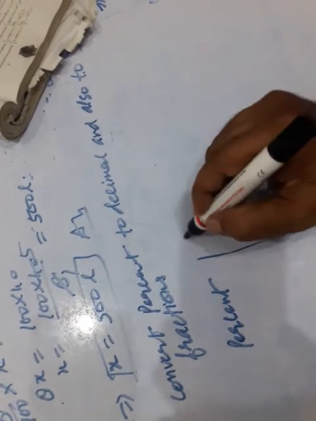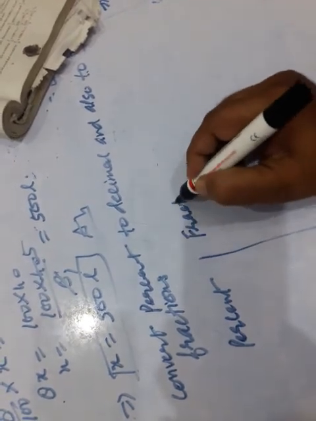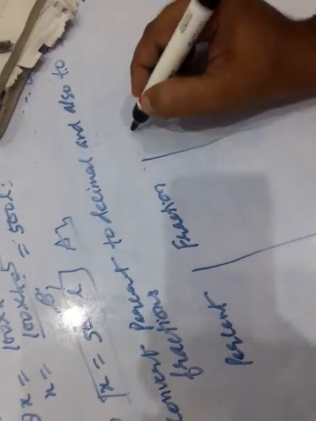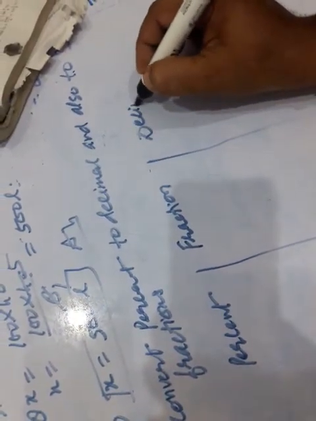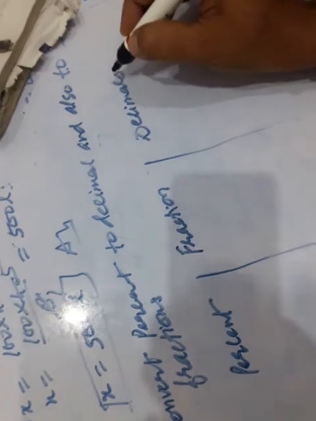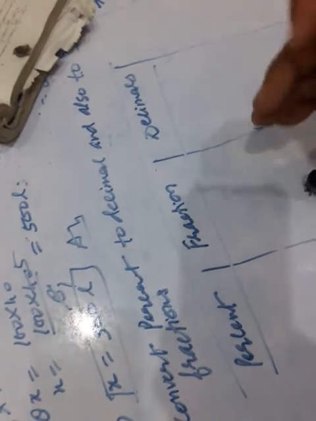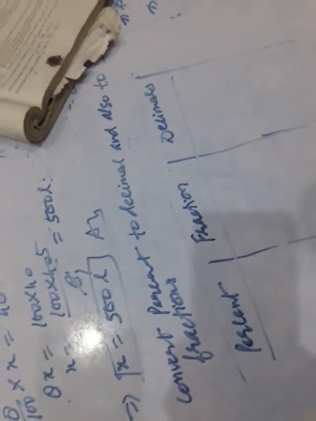Let it be percent, and this is fraction, clear, and one more column is there, that is decimals. Okay children, now let us move to the question. This is the structure under which we will solve the question.